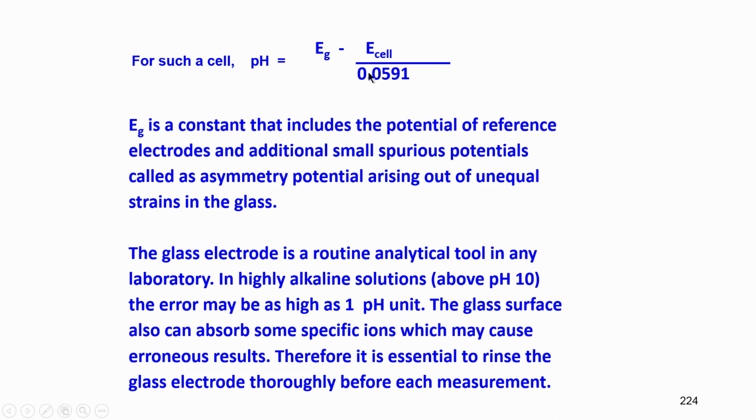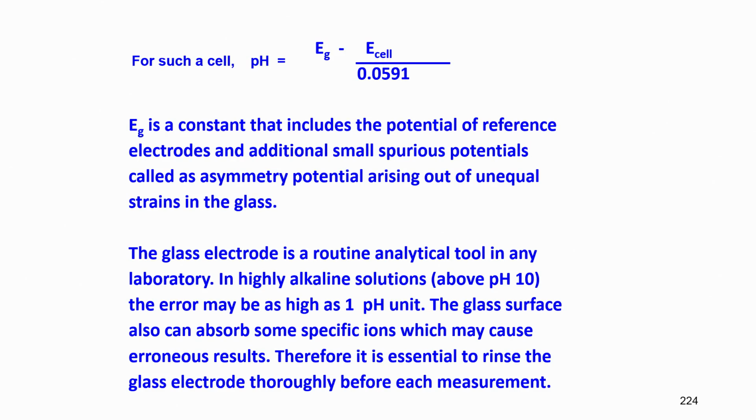For such a cell, the pH is given by (Eg minus E cell) divided by 0.0591. Eg is a constant that includes the potential of reference electrodes and additional small spurious potentials called the asymmetry potential, that arises out of unequal strains in the glass, and the glass electrode is special for each manufacturer.